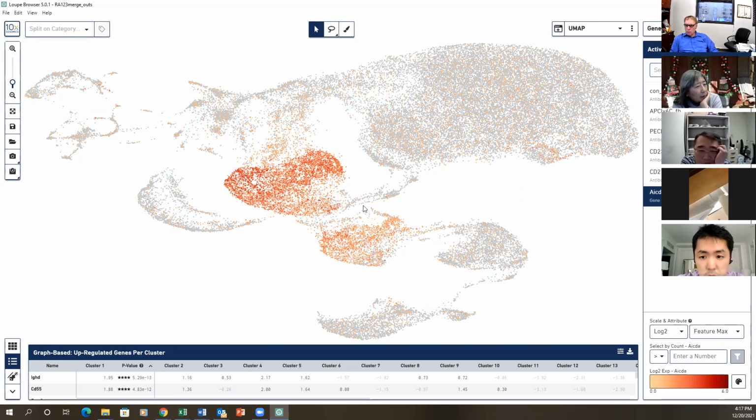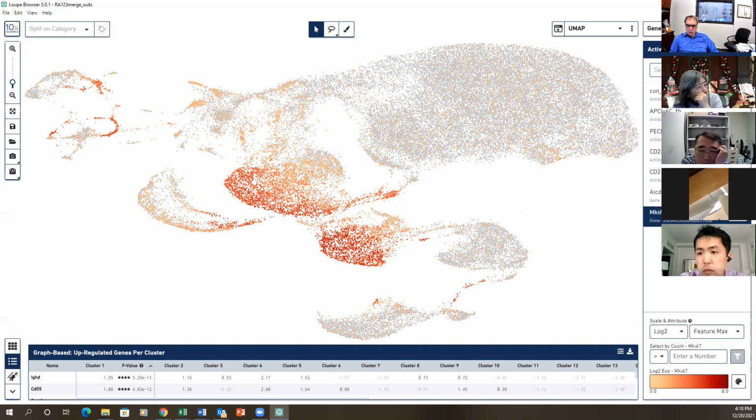So those are germinal center. Overall, what about KI67? It's the same.